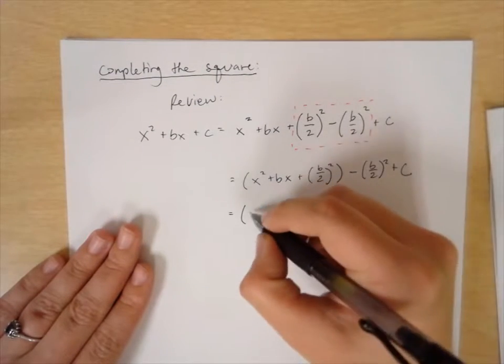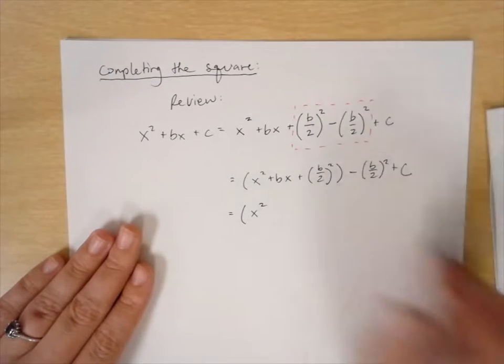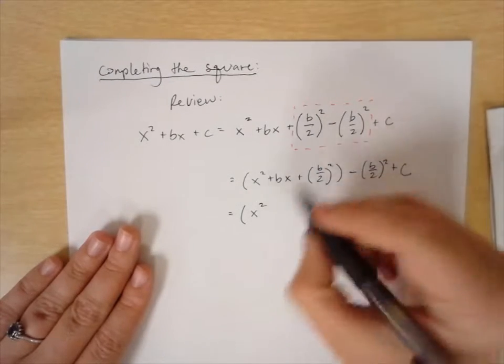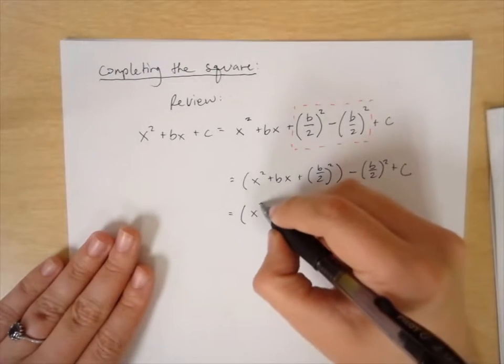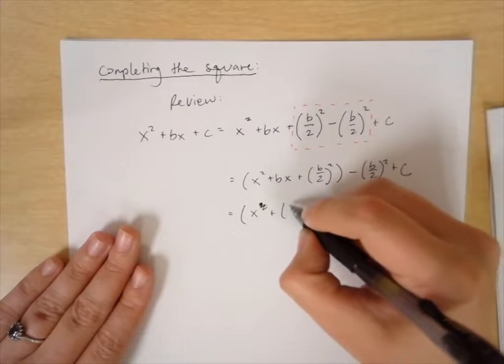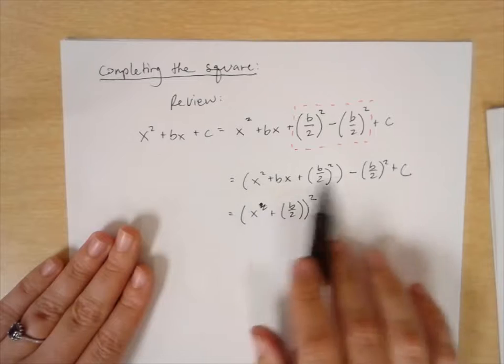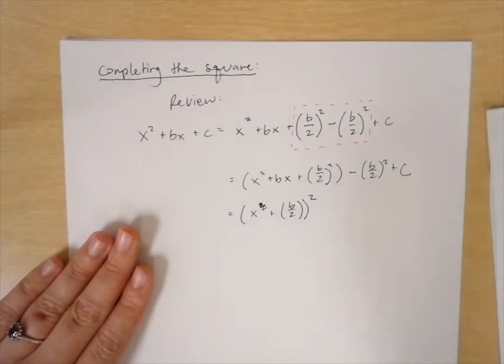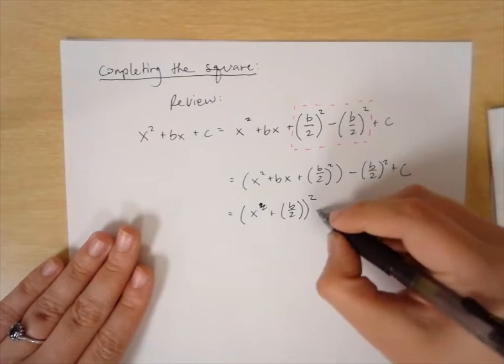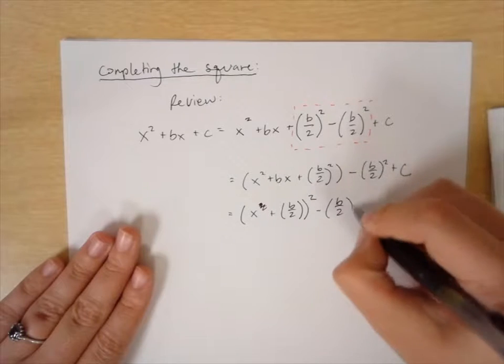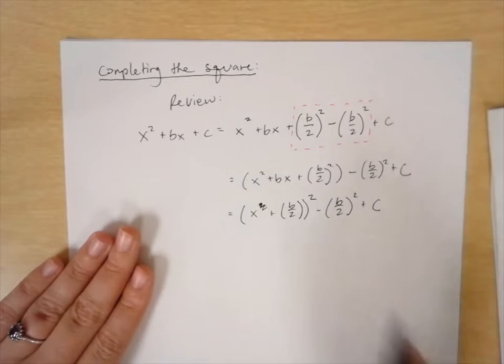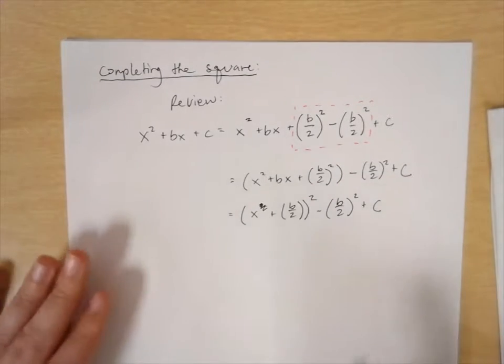So what that would end up factoring out to be would just be an x plus b over 2, squared, right? If we have a perfect square trinomial, this is what we can do with it. And then we'd still have whatever that ends up being, minus b over 2 squared plus c, just some constant at the end.